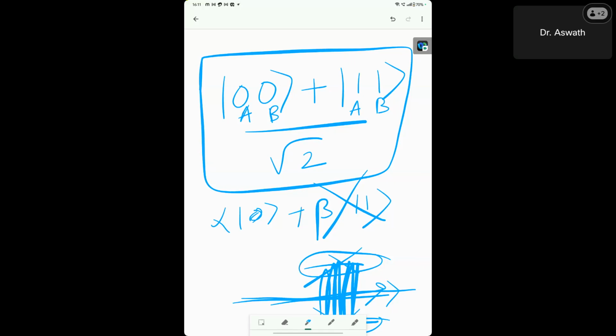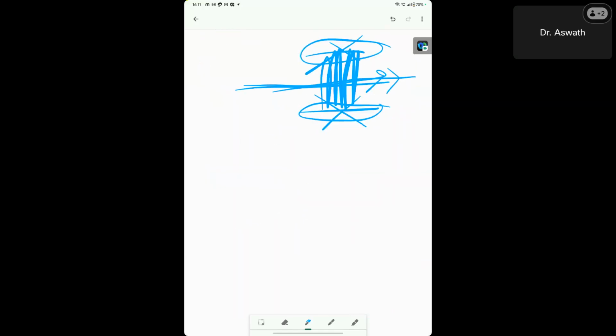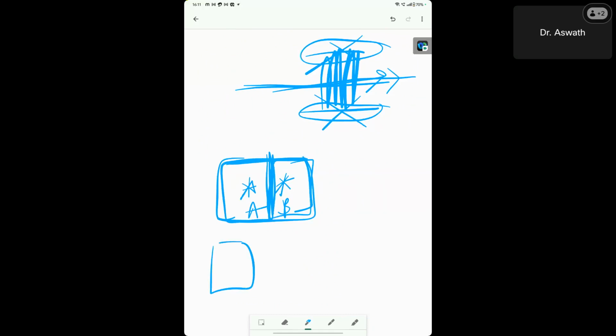Now, let's say physically I have created such a state, where two atoms are mixed up into that entangled state. Now I take that box and divide it into two parts carefully. That is possible experimentally. So there is atom A and atom B. They are entangled and they are now separated physically.